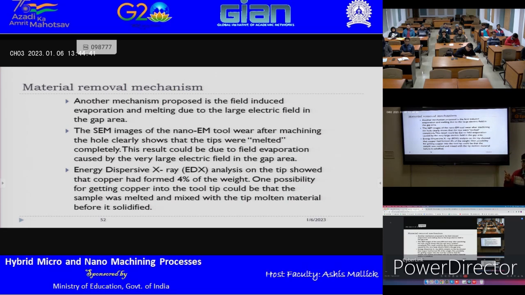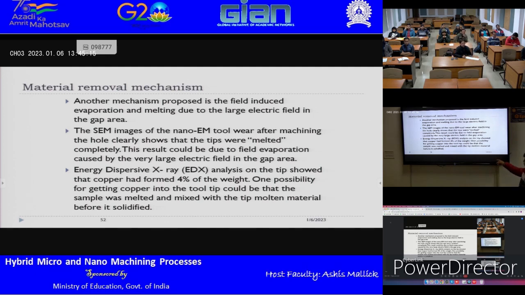When you create an electric field to break down that dielectric, any breakdown of the dielectric creates some kind of heat, and that heat can also melt the tool material that we saw. So it is a very similar mechanism to STM based processes, okay?